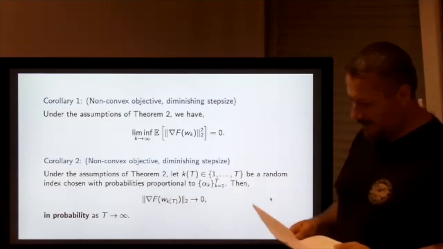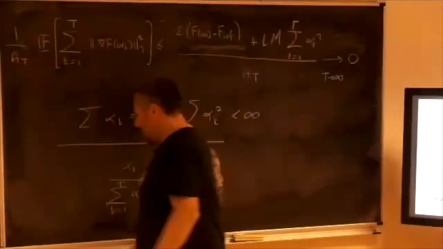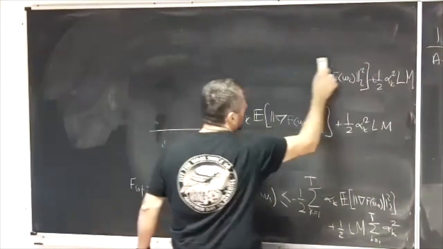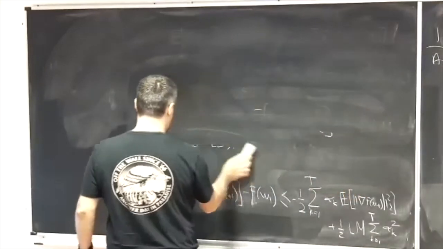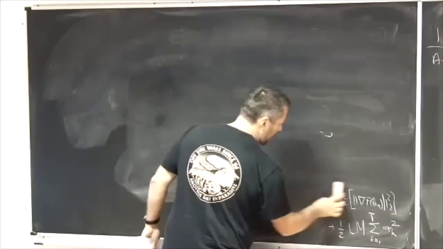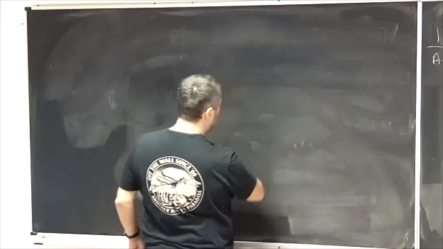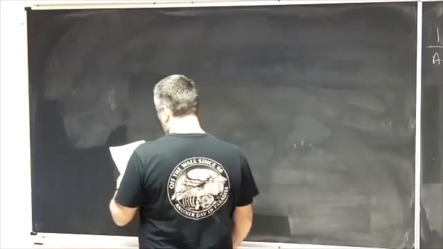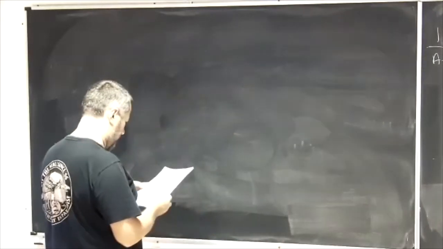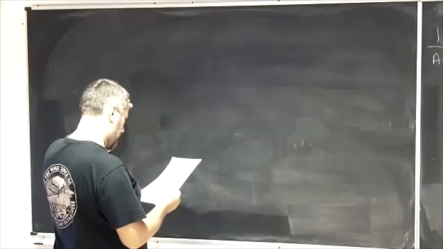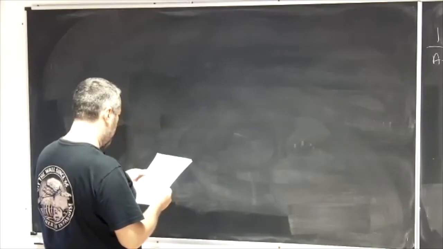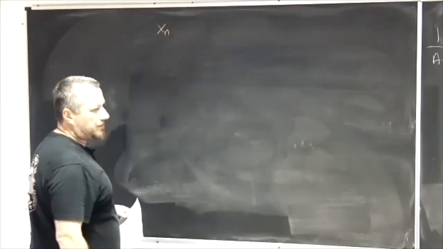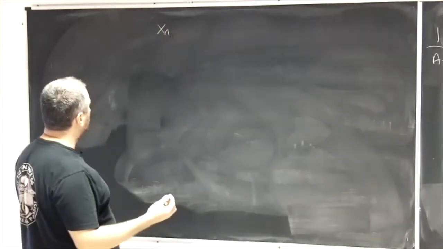What does that mean? Let's remember convergence in probability. And then I'm going to remind you of Markov's inequality from probability classes. Then we are going to use that to prove this result. If you remember, let's say the X_n's come from a sequence of random variables.